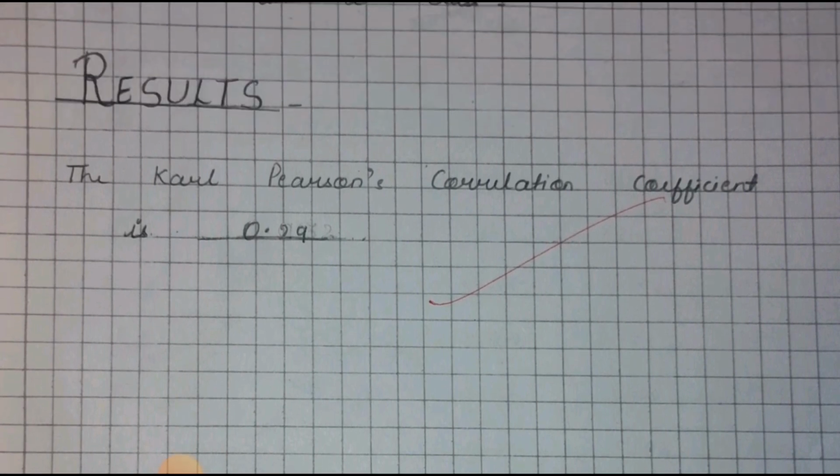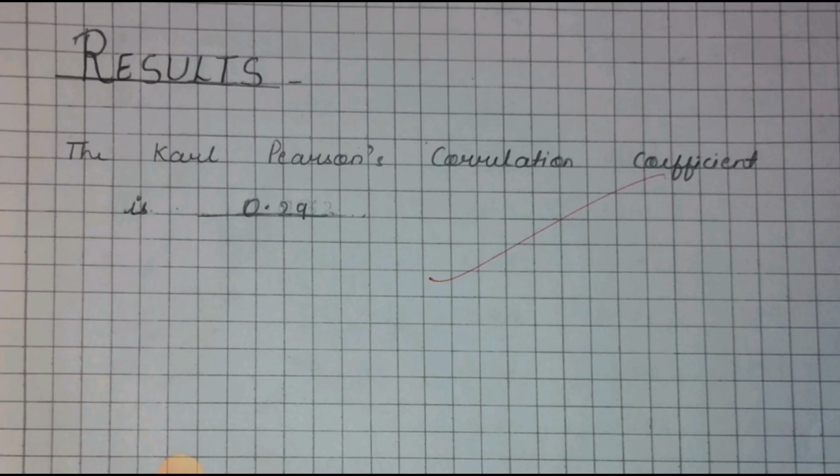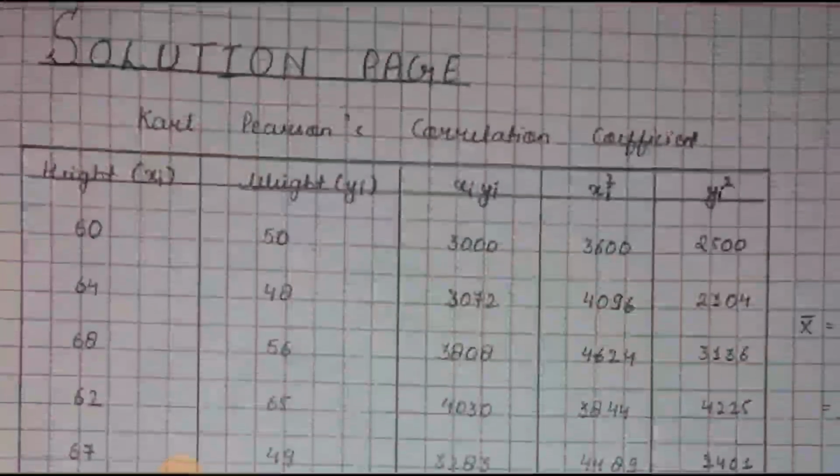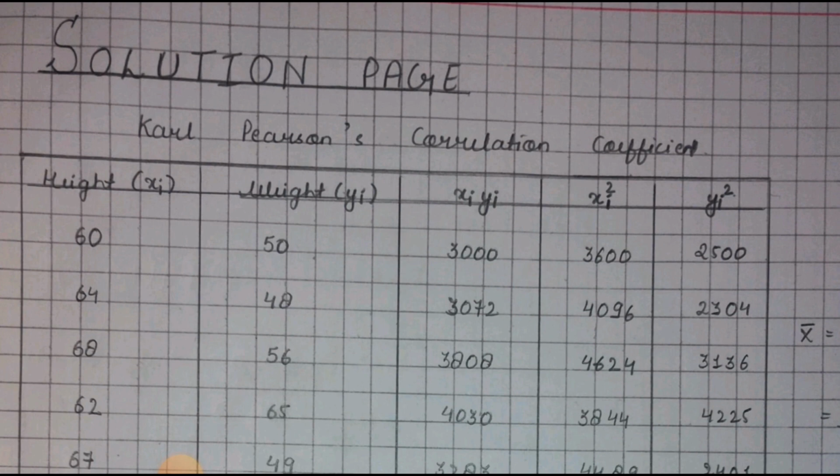Result: the Karl Pearson's correlation coefficient is 0.29. Then last, solution page. Karl Pearson's correlation coefficient.